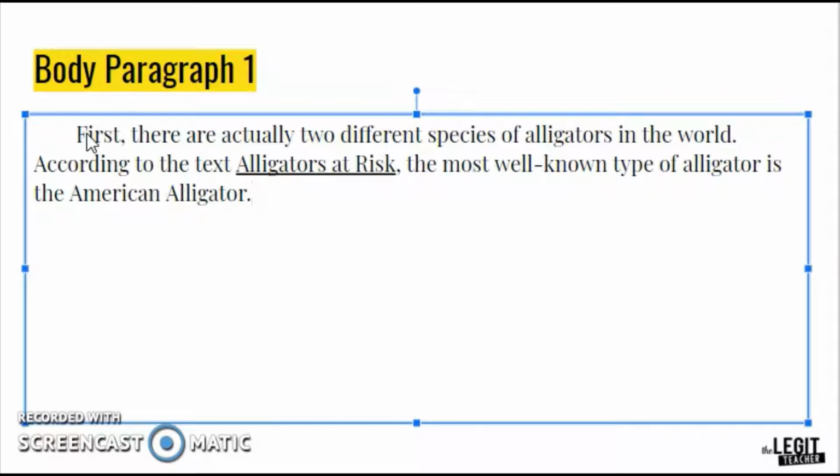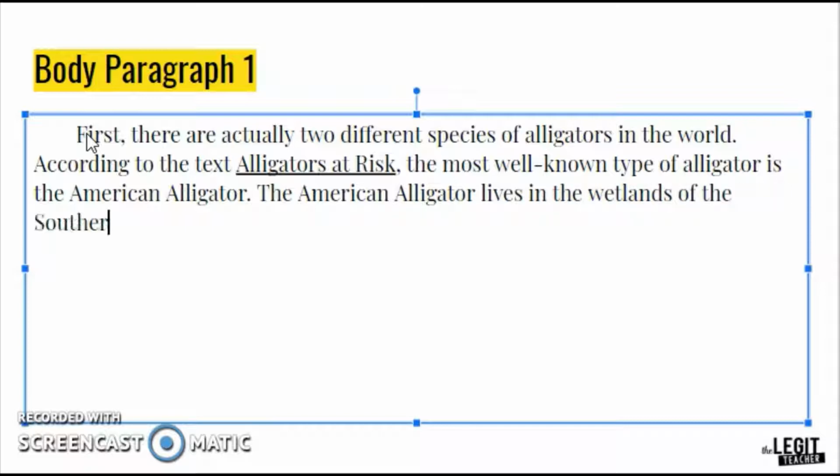Here we go. So the first thing that I'm teaching my reader is that the American alligator lives in the wetlands of the southern United States. Now I need to teach my reader one more thing about the American alligator.